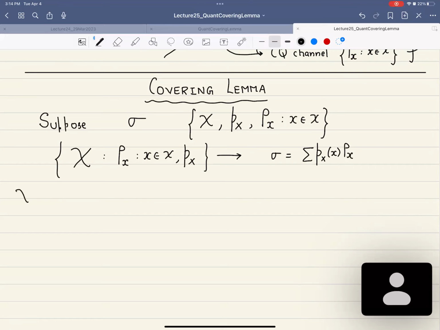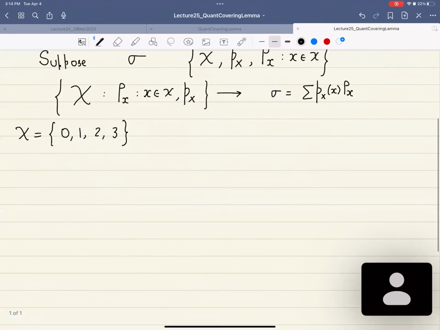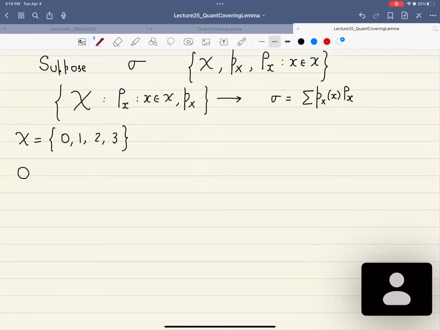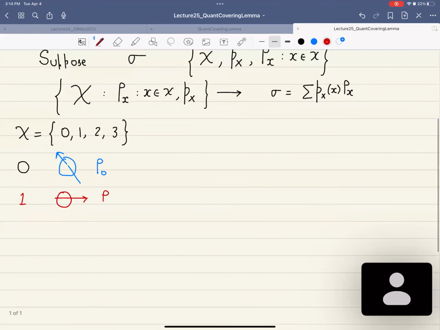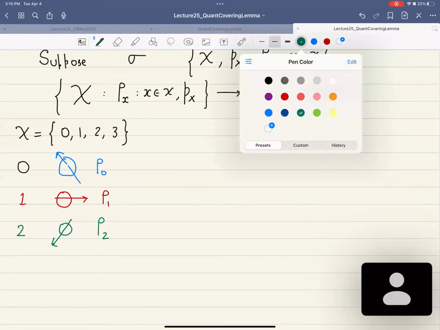Let's give a simple example. So x is say 0, 1, 2, and 3. For 0, I have a particular blue quantum state. For 1, I have a red quantum state. So this is rho 0, this is rho 1. And then I have maybe a green one for 2, rho 2, and maybe 3.